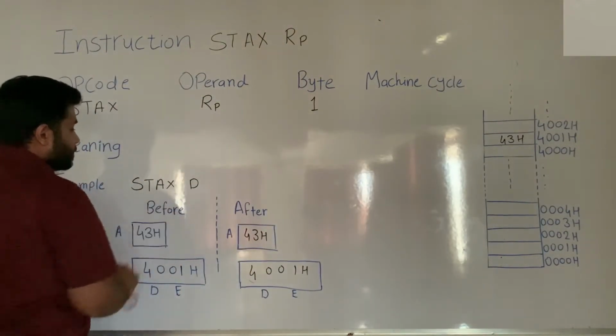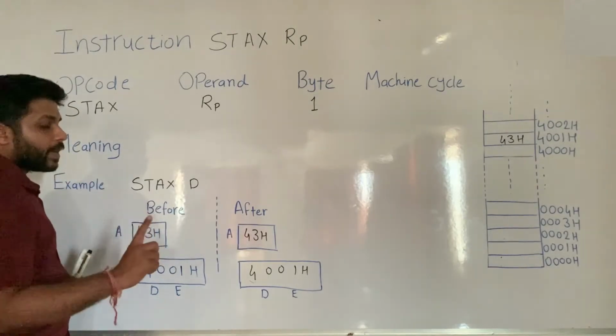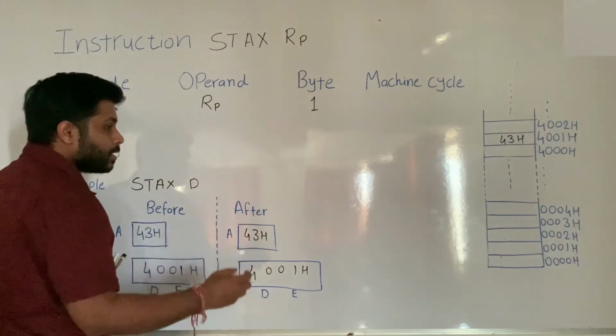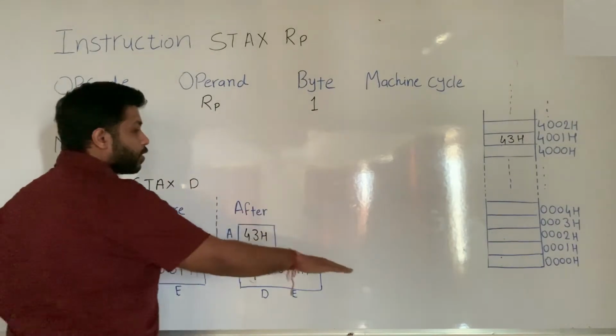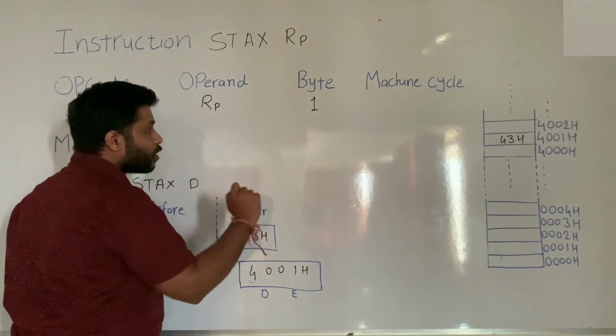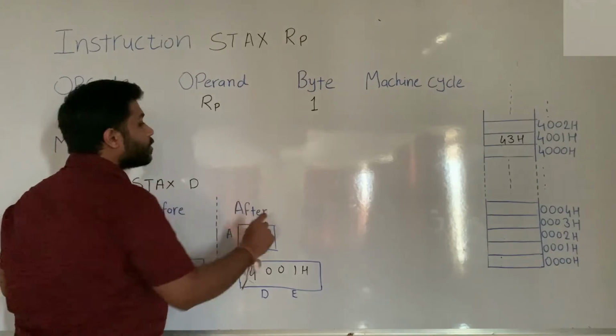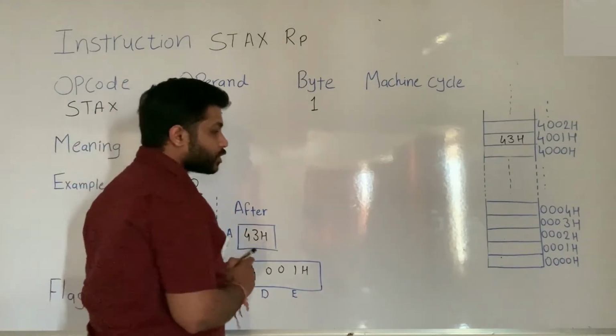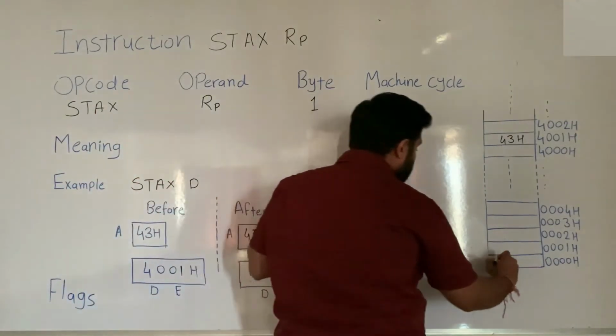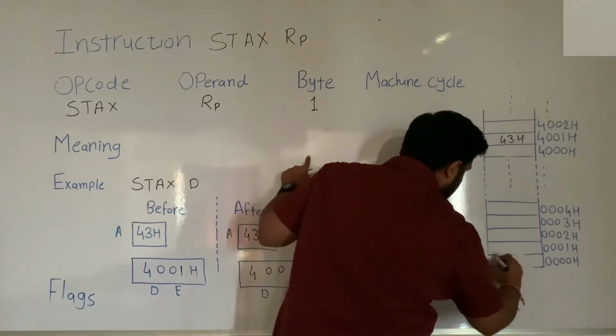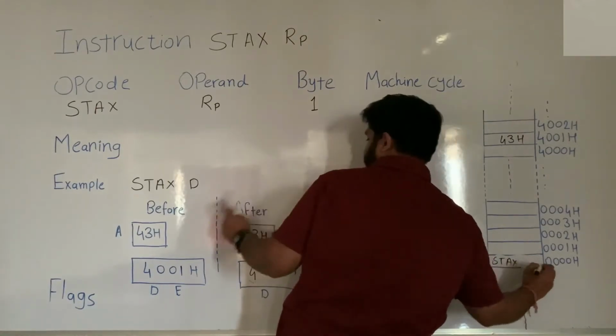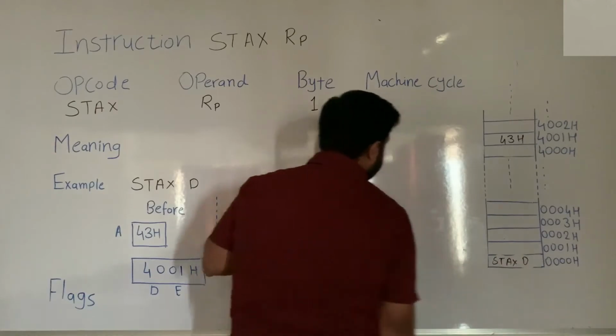This instruction STAX D is of 1 byte. So when you give this instruction, in the memory it will be stored from the starting location, and because this instruction is of 1 byte, it will occupy only one memory location. So in one location, this whole instruction, STAX D, is stored.